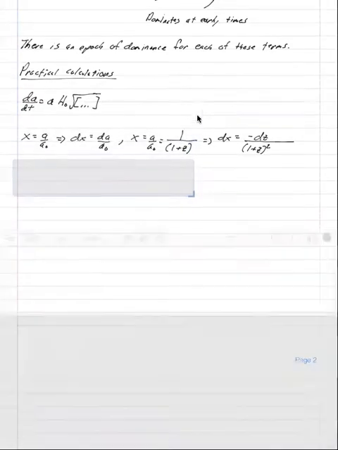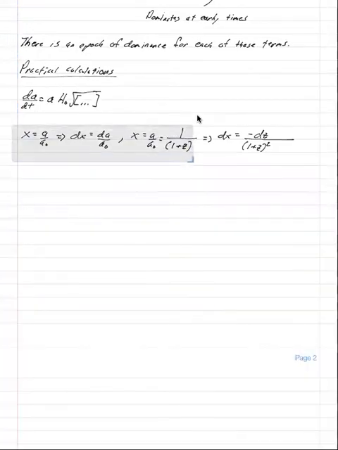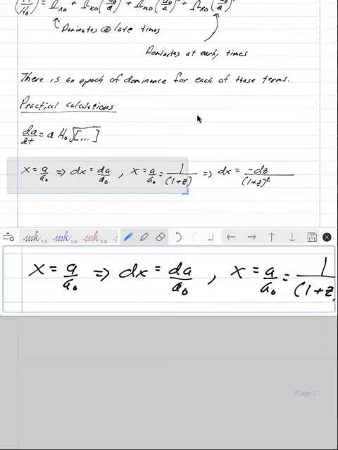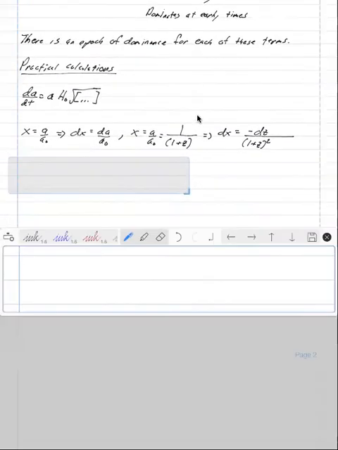And in fact, we will find later that we are going to want to integrate over dx or over dt. So what I'm going to do right now is use this variable, the substitution of x equals a over a naught, and substitute it in this expression to give us an expression for dt.